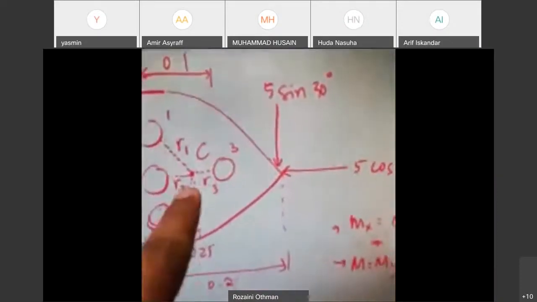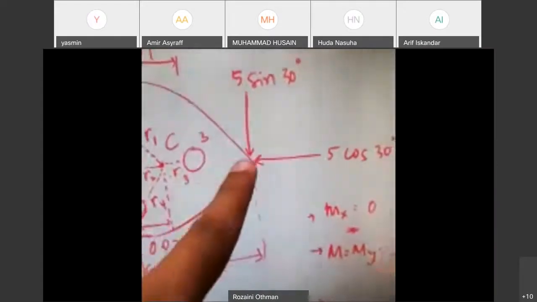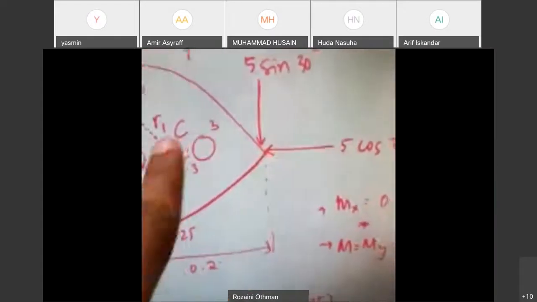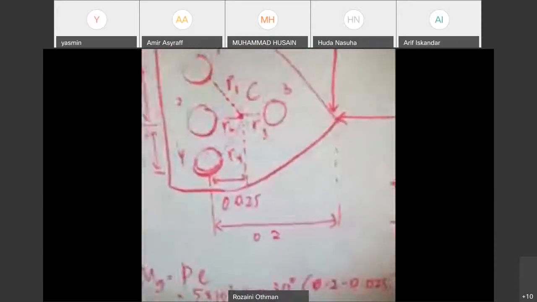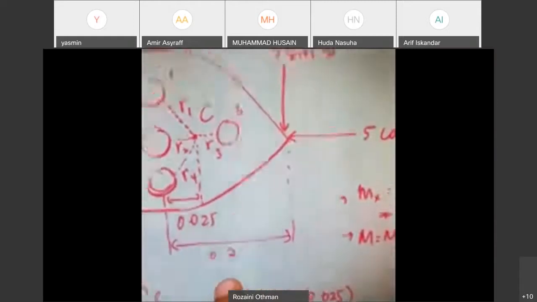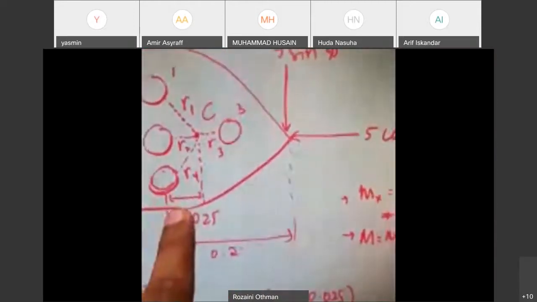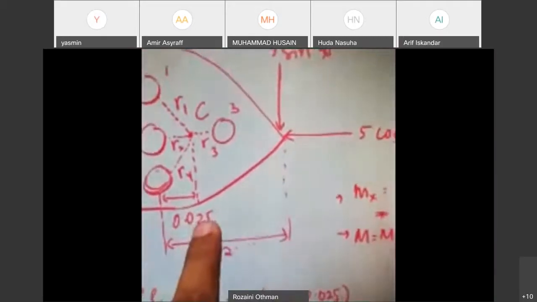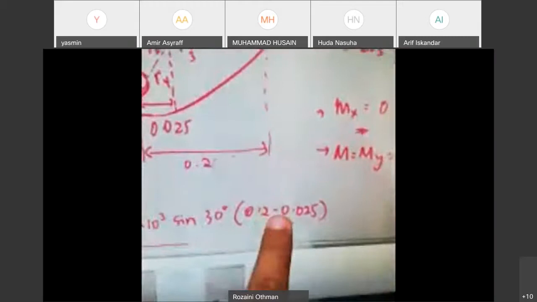Remember, it is the distance between the load and the centroid. We know that the distance is 0.2 here, and the centroid from rivet number 4 is 0.025. So therefore 0.2 minus 0.025.